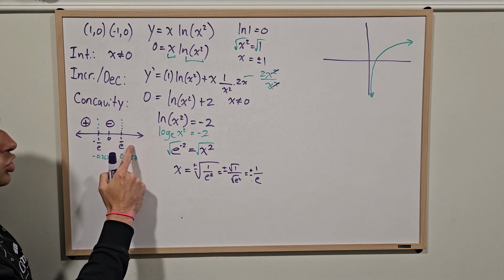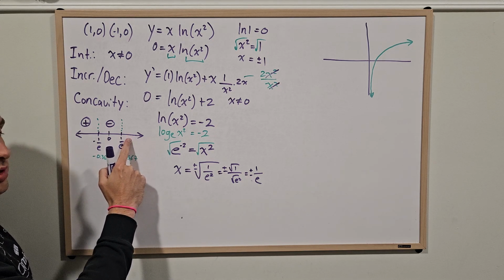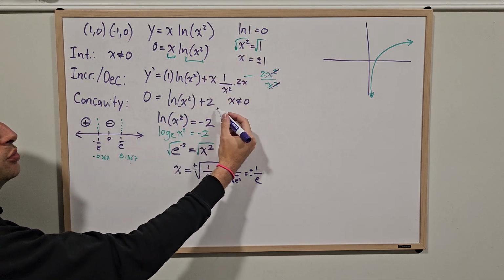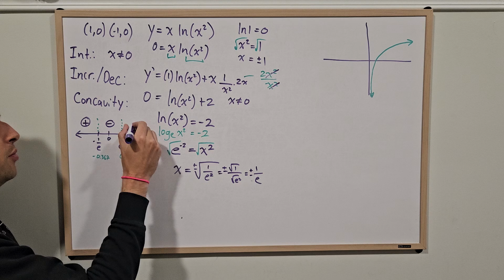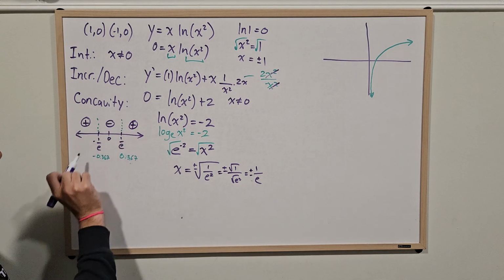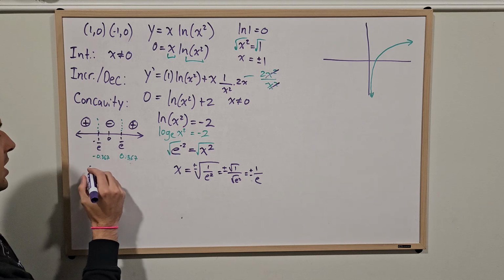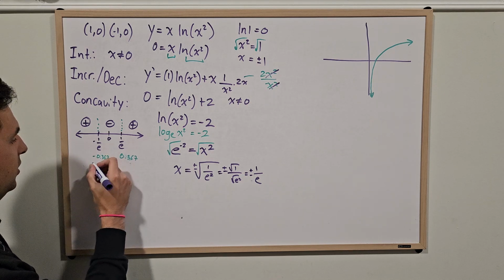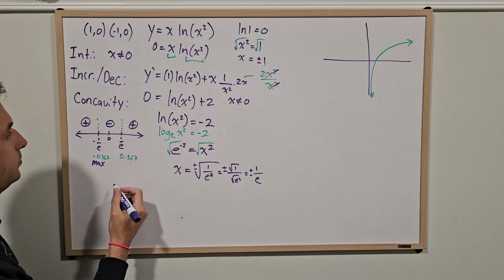Now on this side, I can just do positive 1. Okay, once again, we're going to have ln of 1, which is going to be 0, plus 2, that is going to be positive once again. So here I have increasing and then decreasing. This is a max. Whoops, that's way too many bumps. Max.